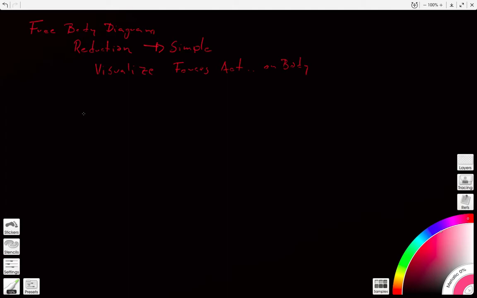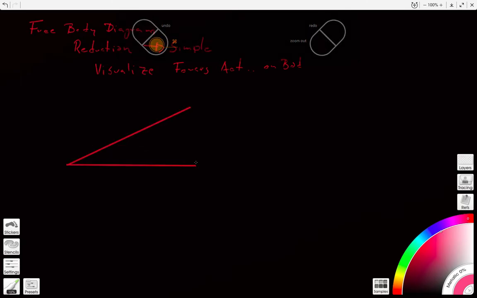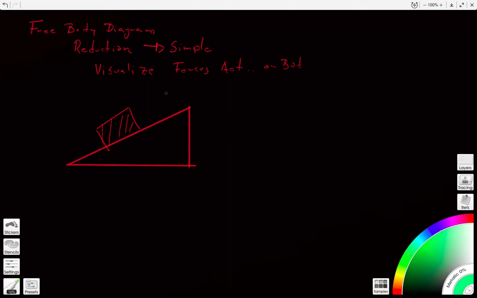So for example, let's see something like this. We have a box here, and in this box we are pulling with some force. Let's call this force 1, and we are pulling on that box with that force.